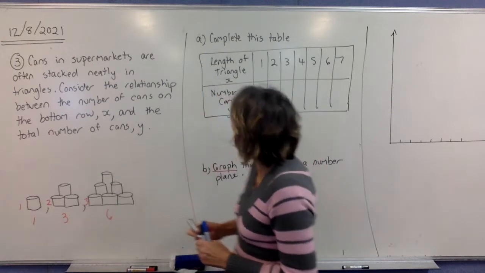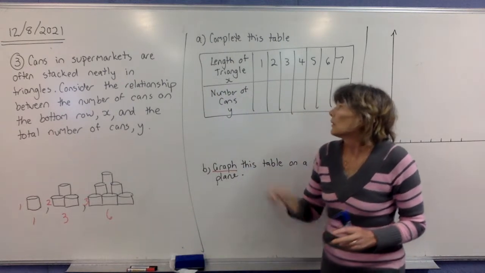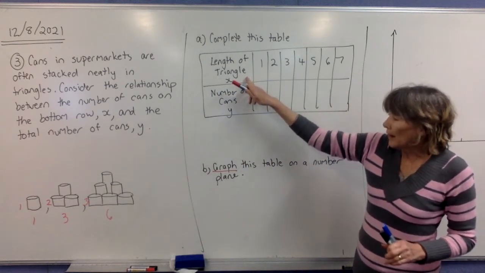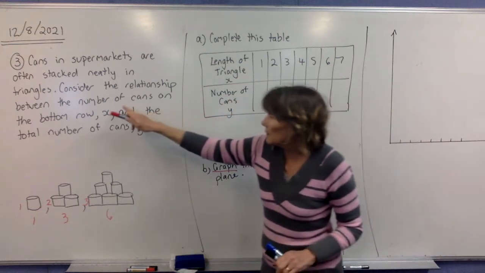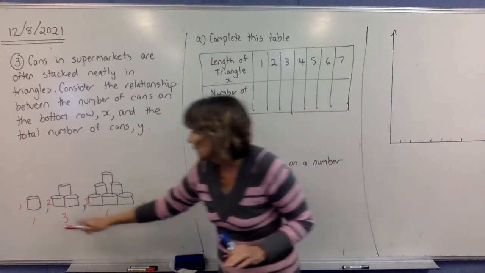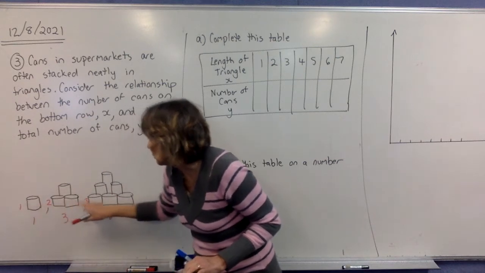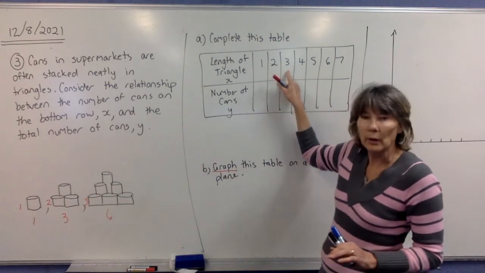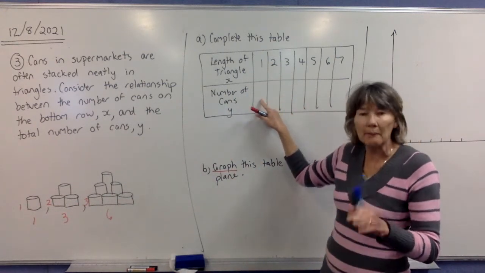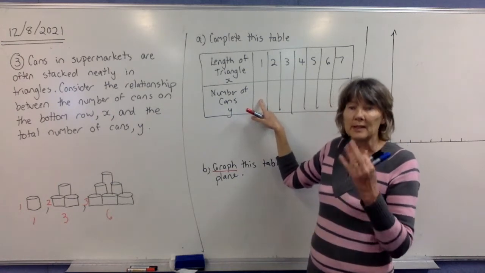When we fill in the table, they've called length of triangle X. So that's the number of cans in the bottom row: 1, 2, 3. Down here is the number of cans we have altogether when they're stacked.